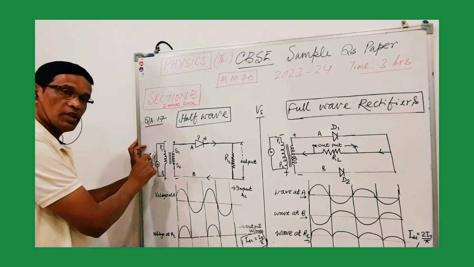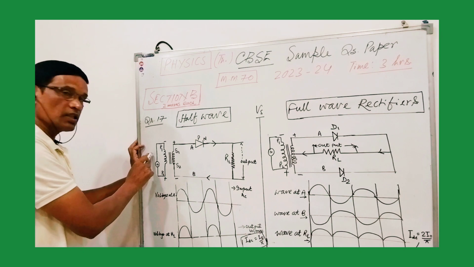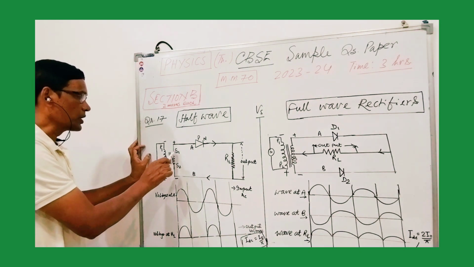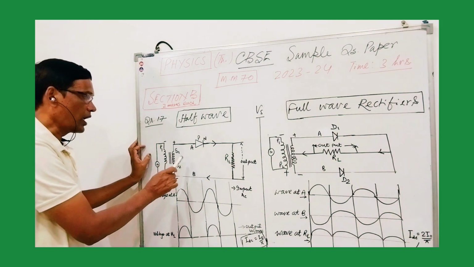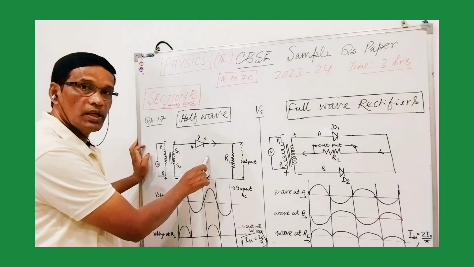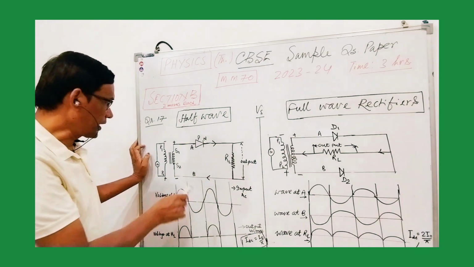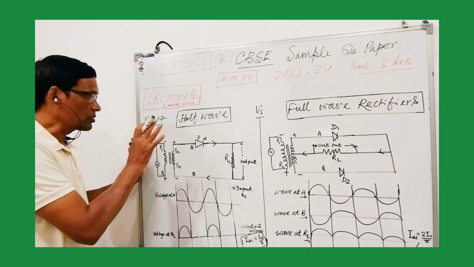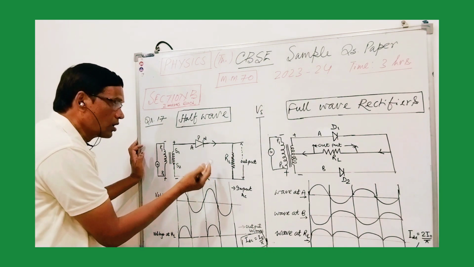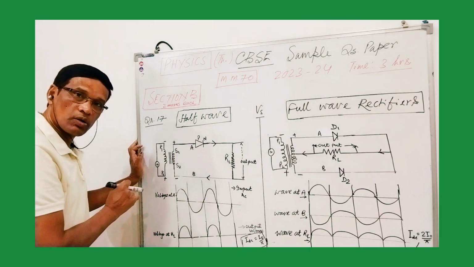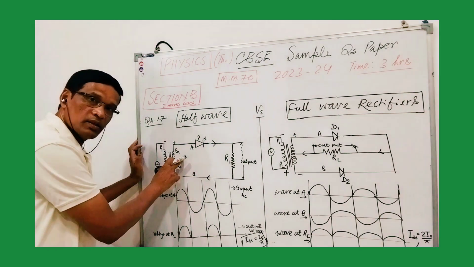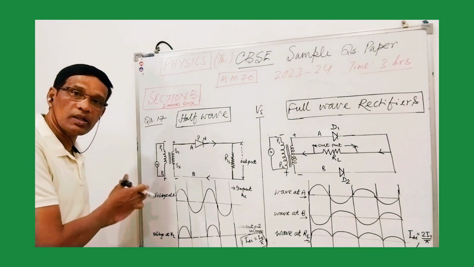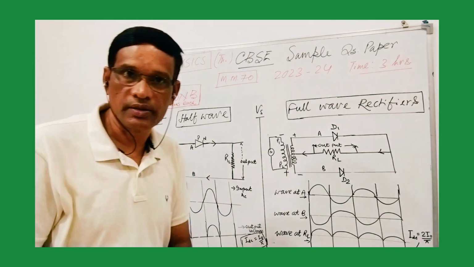From the primary source you will be getting the alternating current or AC voltage, and you will be feeding it to the secondary, and this will pass through the PN junction diode. The working is based on only one diode, one output load resistor, one secondary coil and one primary coil fed with the alternating voltage or current.